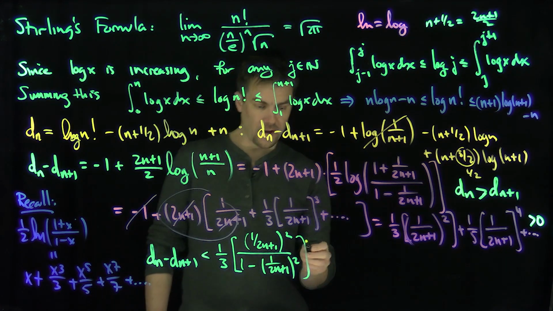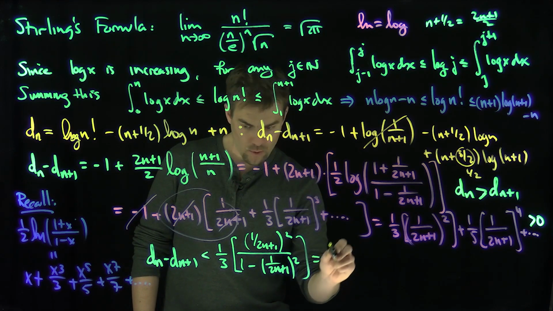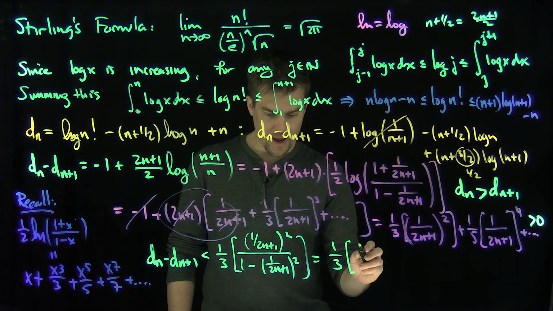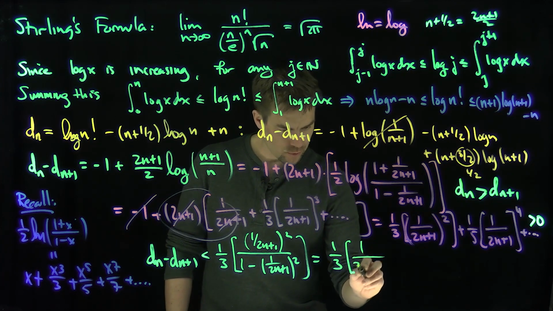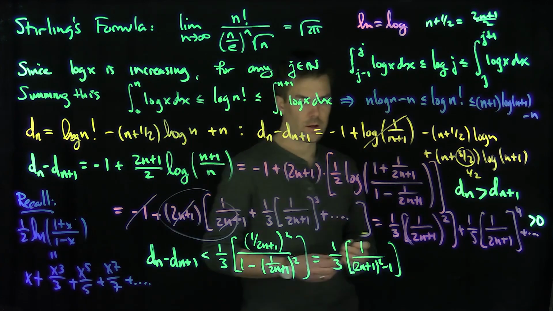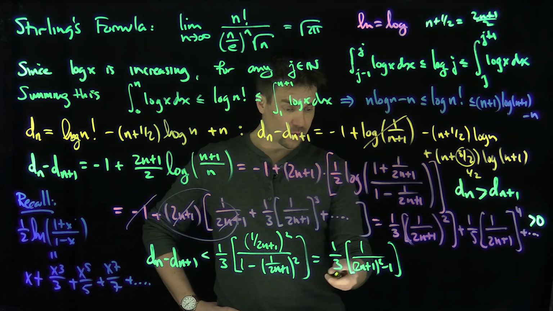And of course that simplifies. Then I can write this as 1/3, and then 1 over 2n plus 1 squared minus 1. So that's going to be 4n squared plus 4n, and then the minus 1's cancel out.